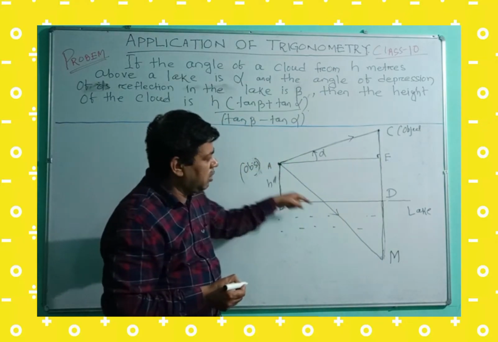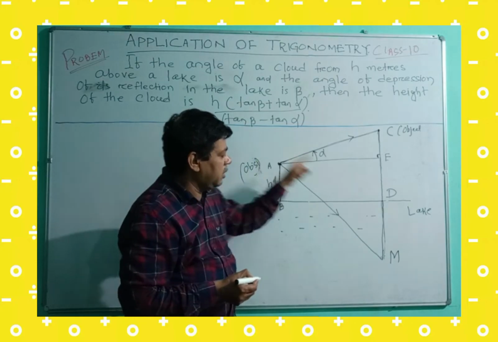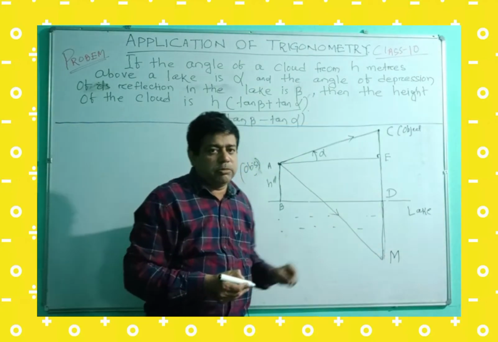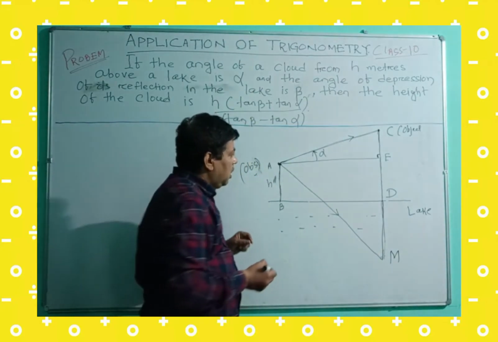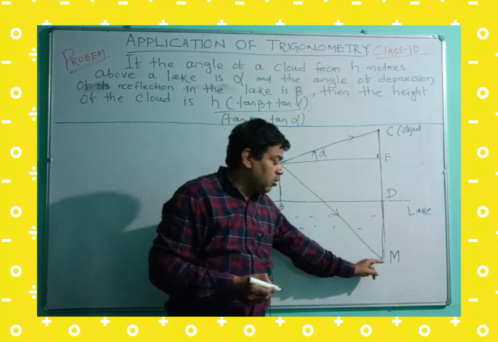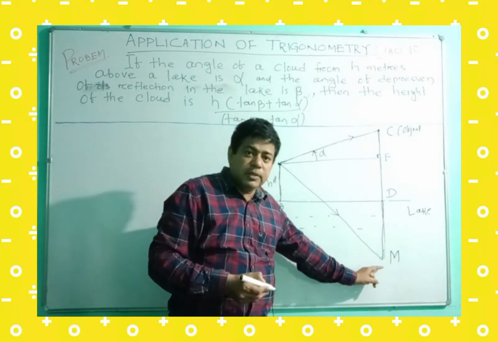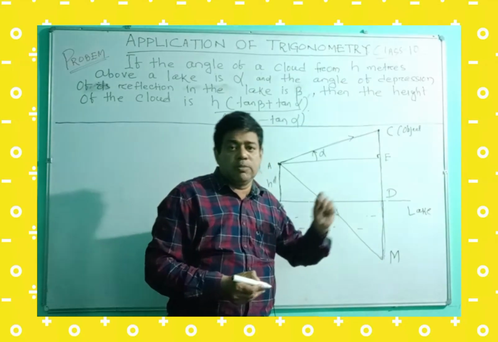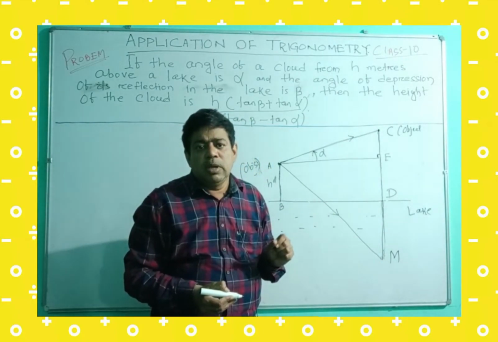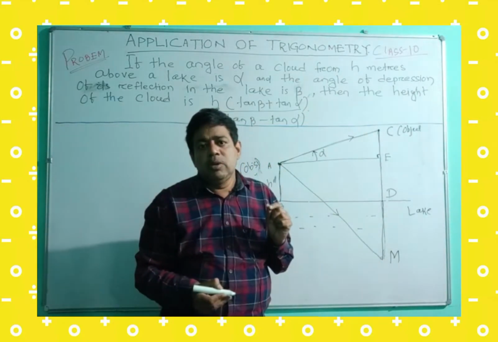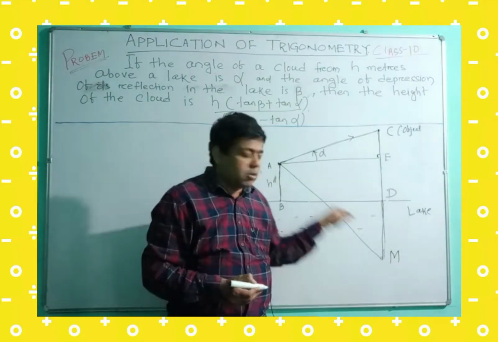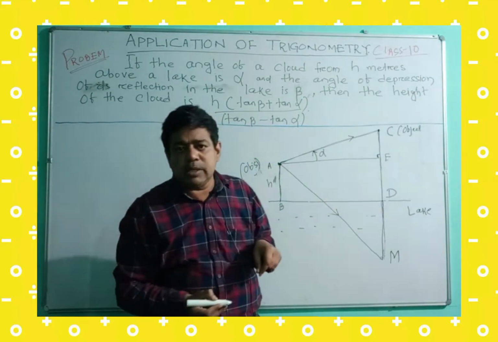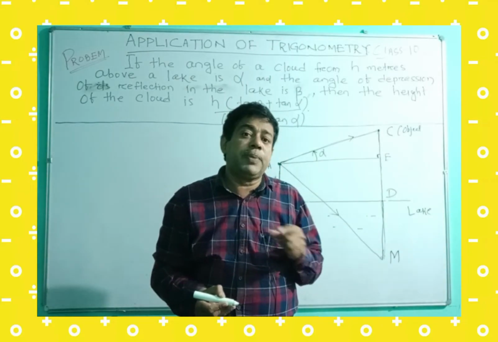The arrow mark is downward, meaning here are the eyes of the observer, and here is the image of the cloud at the point M. Since the object is below the observer, who is above, we have to look down. So the arrow mark is in the downward direction, and we shall get the angle of depression.